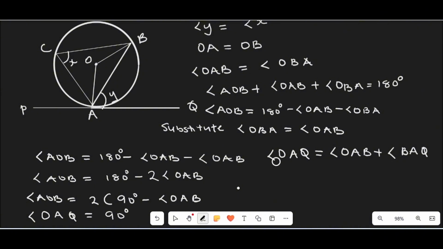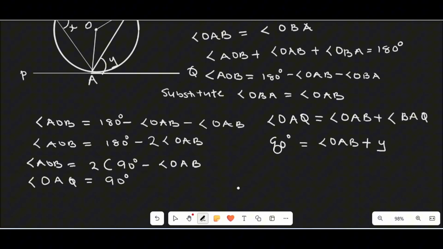And our angle OAQ is 90 degrees. We can say 90 degrees equals angle OAB plus our angle BAQ, which is denoted by Y. If we solve this equation, Y equals 90 degrees minus angle OAB.